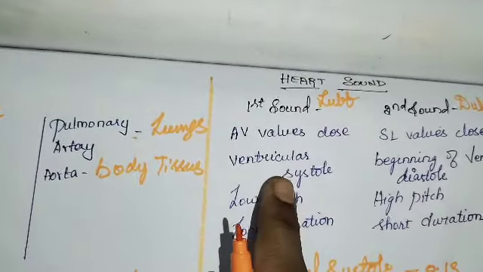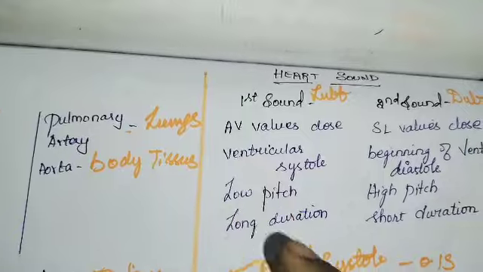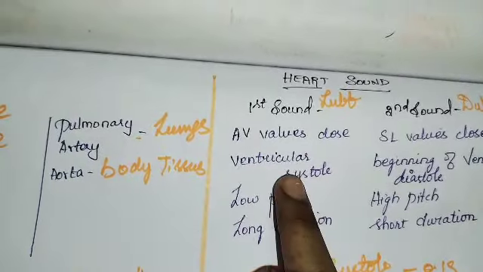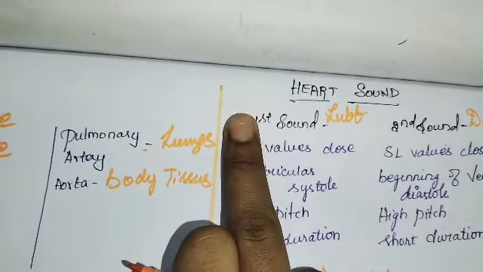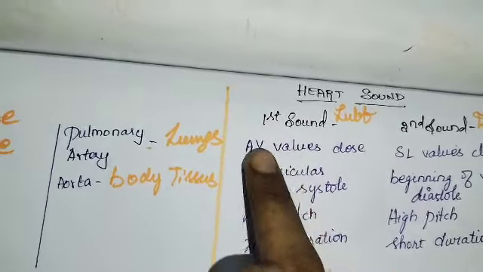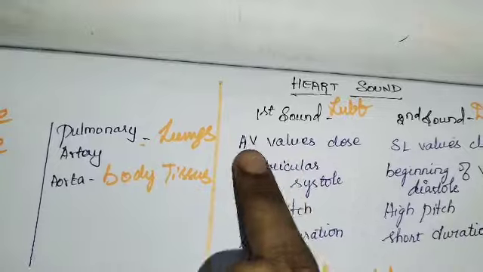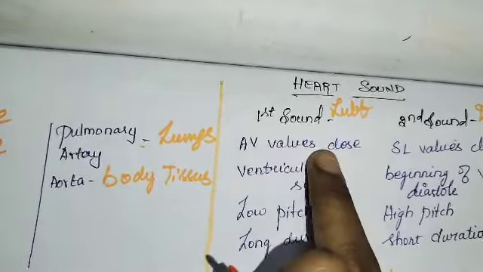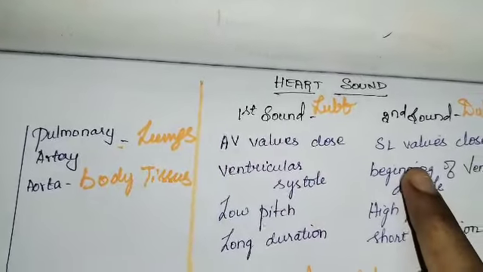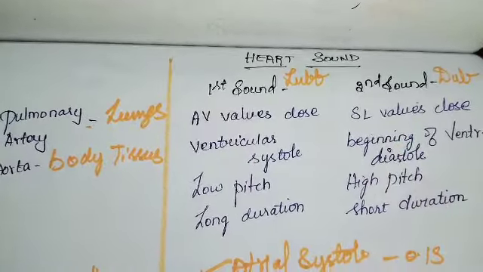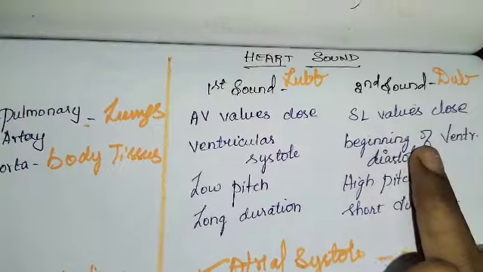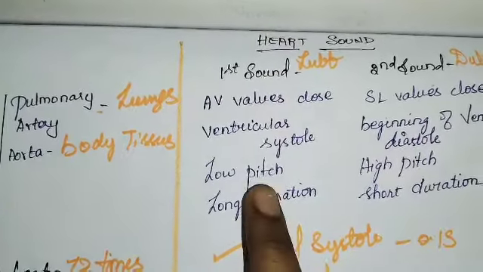The lub sound occurs when the ventricles contract. The dub sound is at the beginning of ventricular relaxation, when atrial diastole takes place, and this is the low pitch sound.